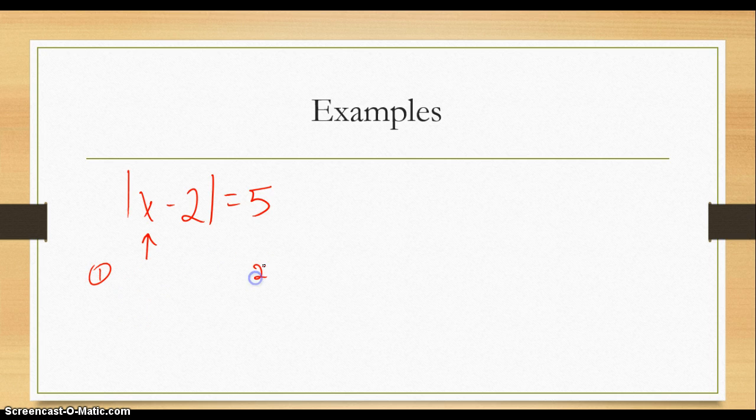Equation number 1, equation number 2. So we have the absolute value of x minus 2. I'm going to take the brackets away and set that equal to 5, and that will give me one of the solutions. And I'm going to take the brackets away again, and set it equal to negative 5. This will give me both of these solutions, and we'll check our work. So I will show you how to do that.